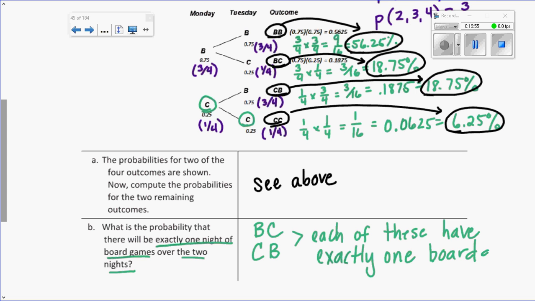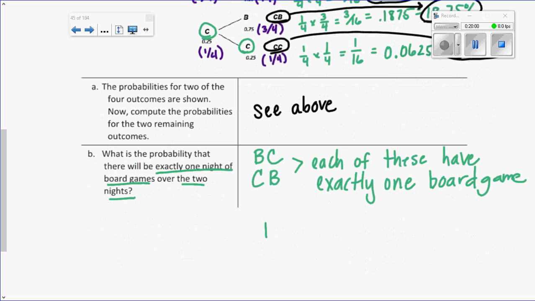So we can add those together because it's not just an 18.75% chance. It's 18.75% plus another 18.75% because we're really kind of like doubling our options there if you think of it like that. Because I'm okay with either one of those options as long as there's one night of each. So that is a 37.5% chance.